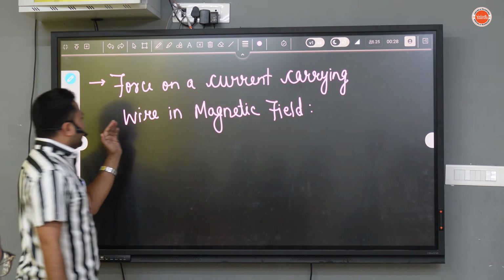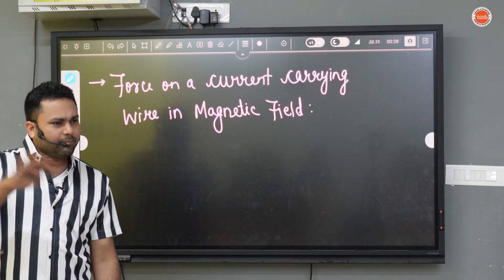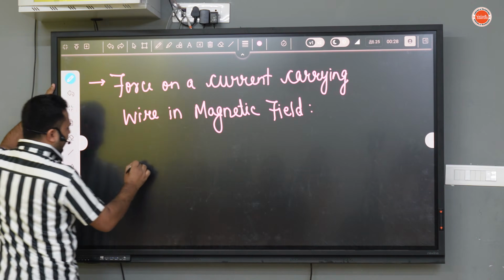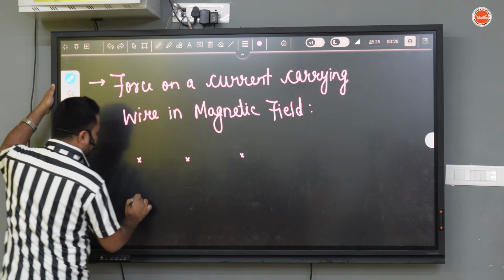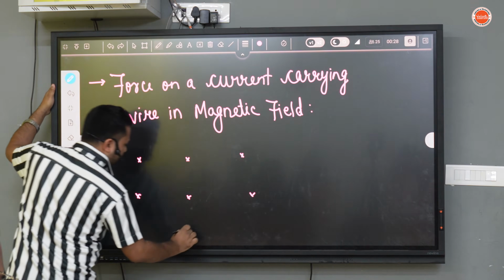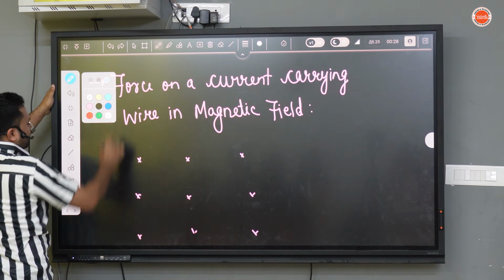There is force on a current carrying wire. Current carrying wire means charge is moving first of all, same thing, so it will experience force. How much force does it experience? Suppose there is a magnetic field like this, and there is a wire.